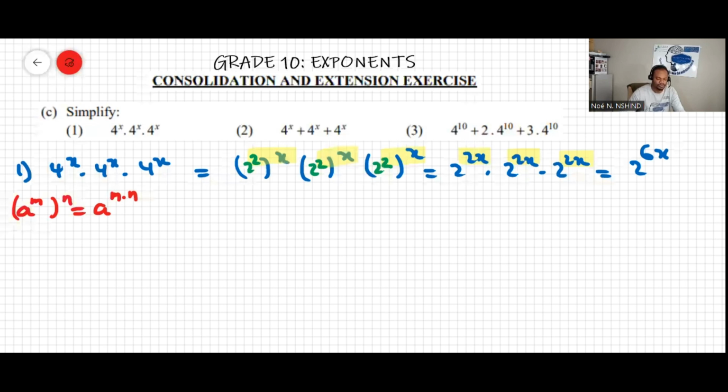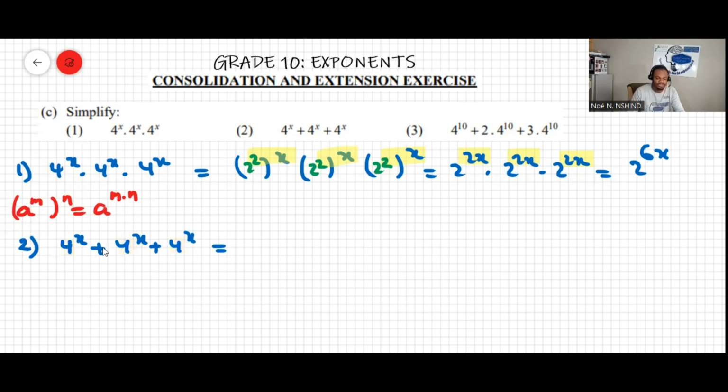Now we will do question 2. Question 2 says 4 to the x plus 4 to the x plus 4 to the x plus 4 to the x. So in this case, note that the bases are common and the exponents also.